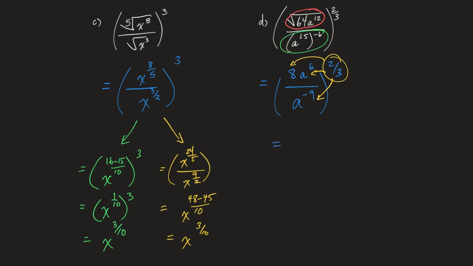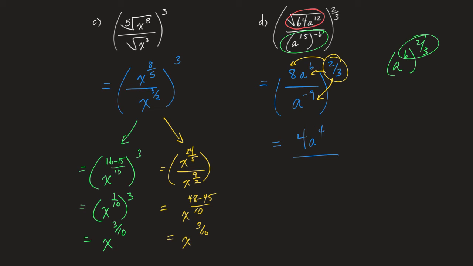Okay, let's deal with the first one. 8 to the exponent 2/3. So the cubed root of 8 is 2, square it is 4. Now I have a to the exponent 6, all to the exponent 2/3. So if we're looking at that, then we're saying we are multiplying those exponents together. That's going to give me an a to the 4th.